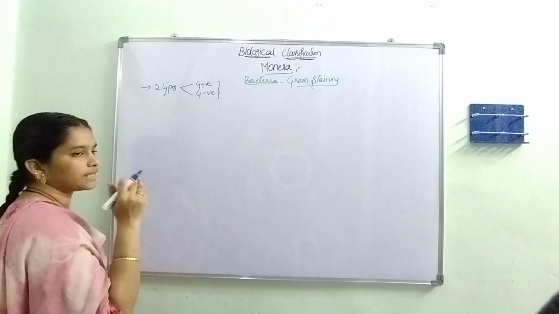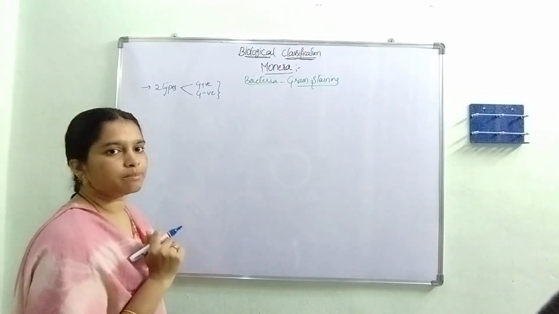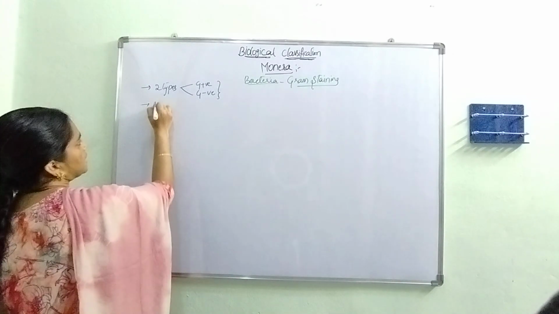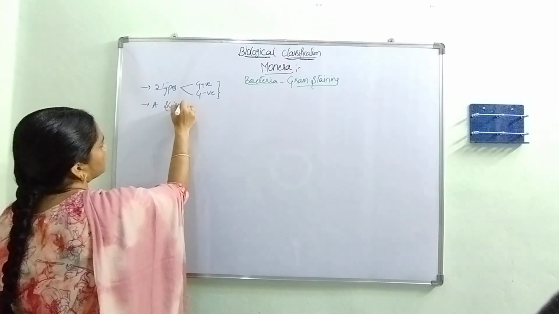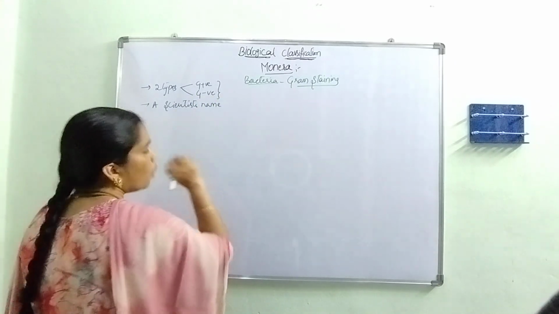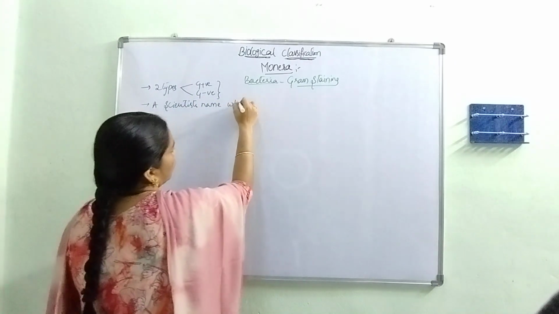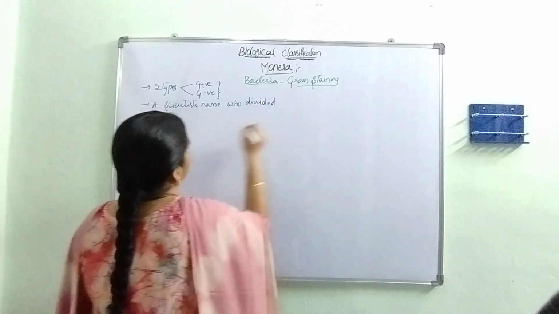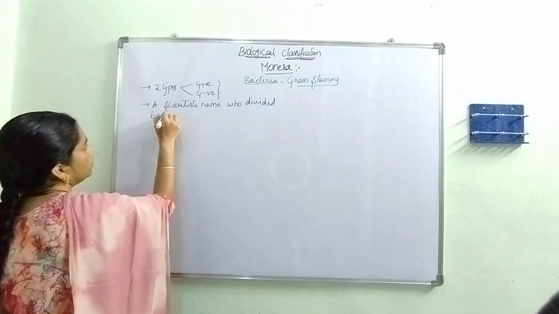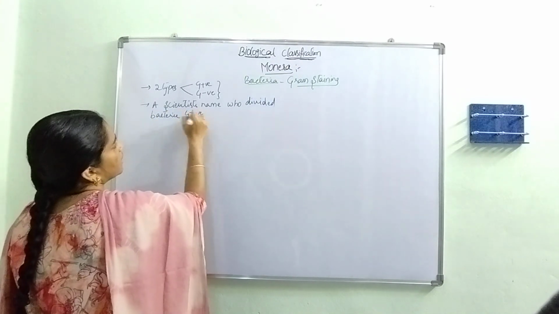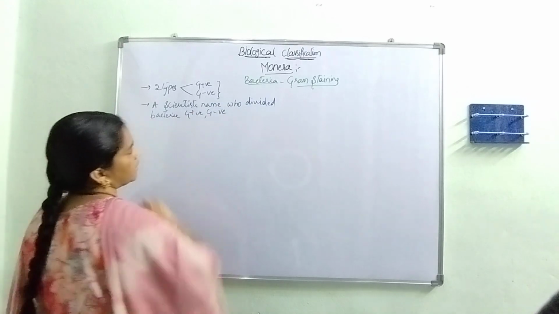So what is the gram in these bacteria? That is a scientist's name, who divided the bacteria into two groups, gram positive and gram negative bacteria.